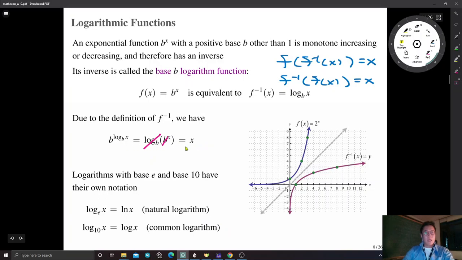So, I just explained the logarithm with the base b, but logarithms with base e and base 10 have their own notation. When the base is the number e, log with base e of x is written as ln x.